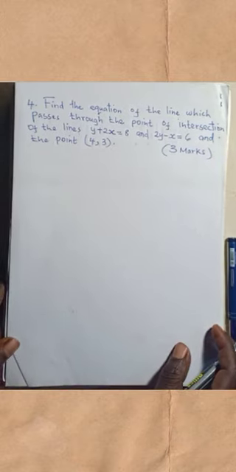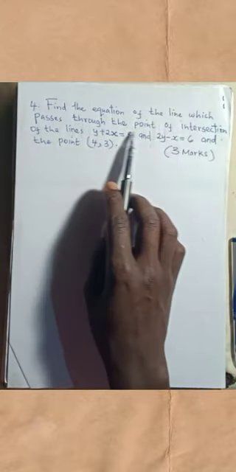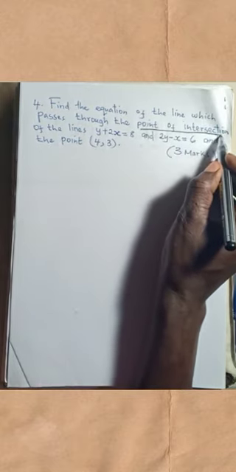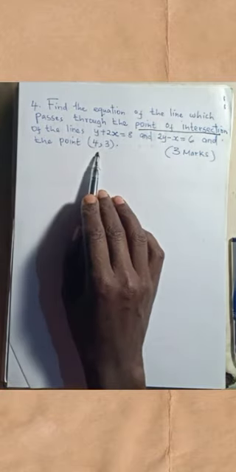Number 4, find the equation of the line which passes through the point of intersection. So we are looking at the point of intersection of the two lines. A line is passing through the point of intersection and another point, (4, 3).